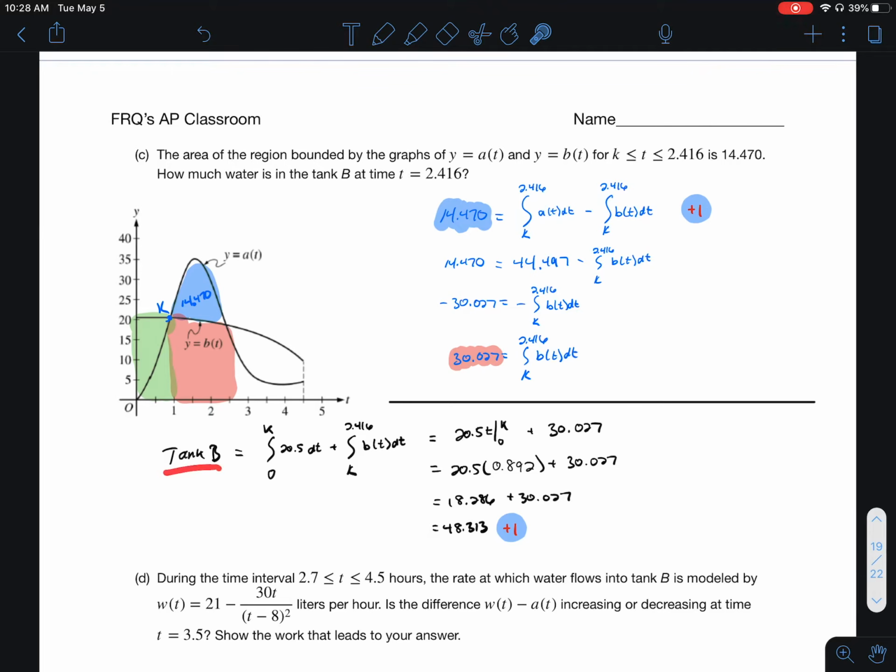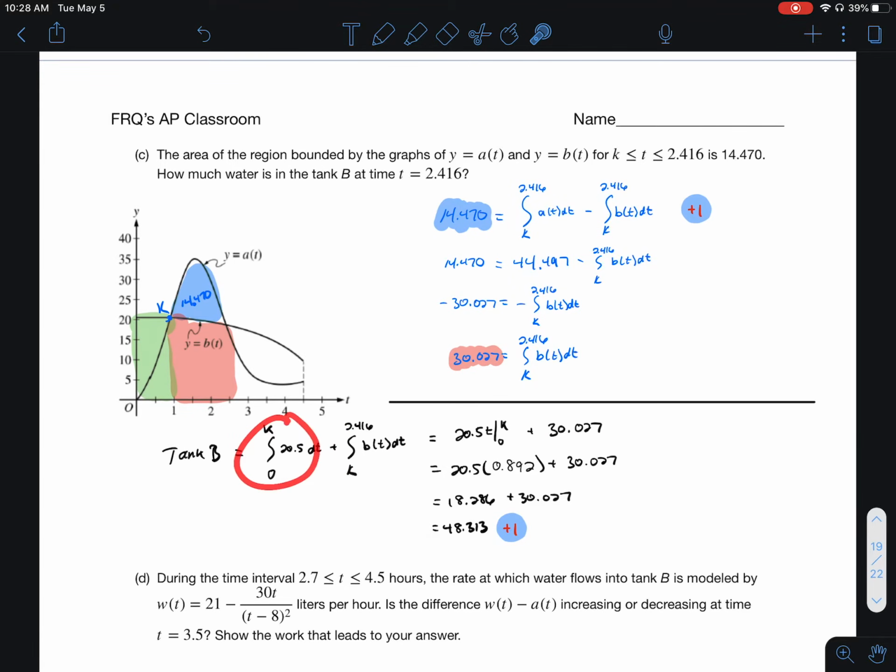So tank B, you could think of it as the area under the curve from 0 to K, and then the area under the curve from K to 2.416. Now we were told initially that this was coming in at a linear rate of 20.05 from 0 to K. So this is the rate that it's coming in. That's why I have that there. Plus this area, which we found up here, and we know that to be 30.028.